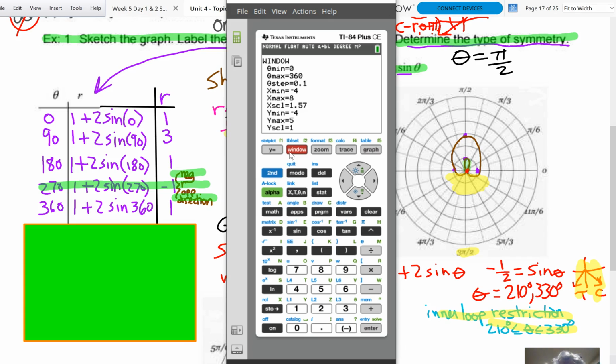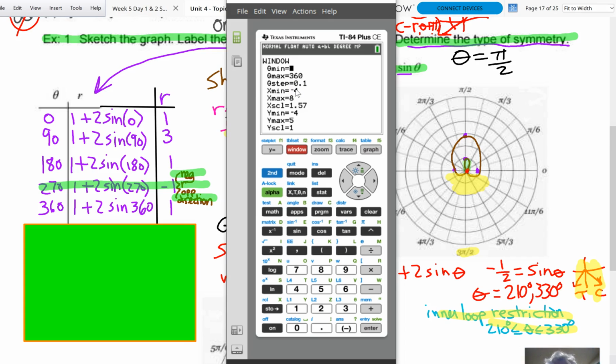But we've got theta, x, and y. So since your calculator's in degrees, you're going to go from 0 to 360. Notice my theta step. That means in what kind of increments do you want me to draw the graph? I want you to make those increments very small. Mine is 0.1. Why? Because I want to see how the graph unfolds as it moves from 0 to 360 degrees.